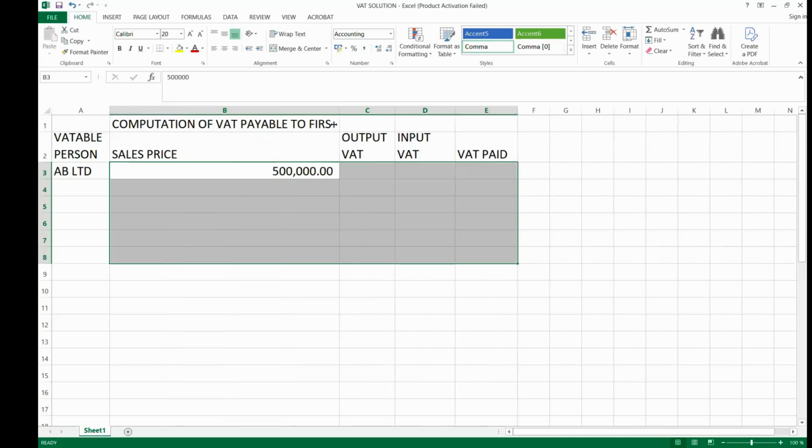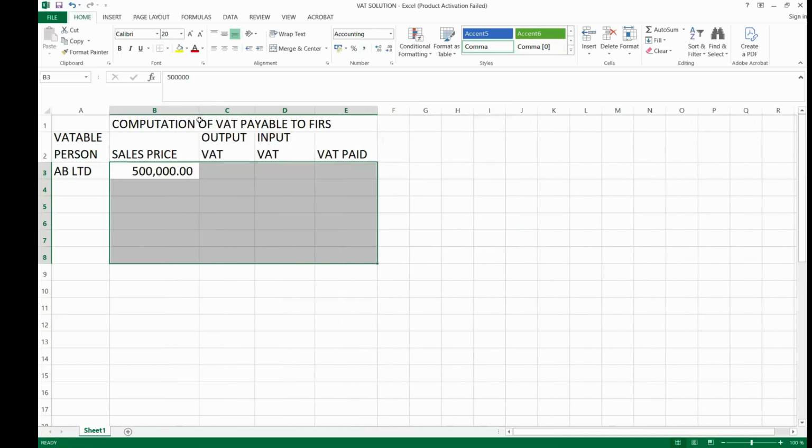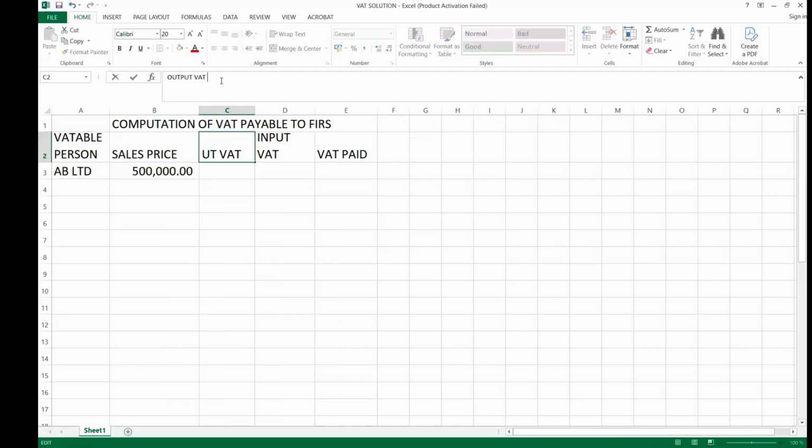So we are going to have our output VAT at the rate of 7.5%. 7.5% of this value of 500,000 will give us how much? 37,500.